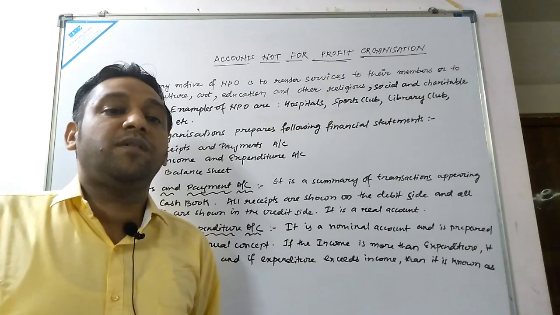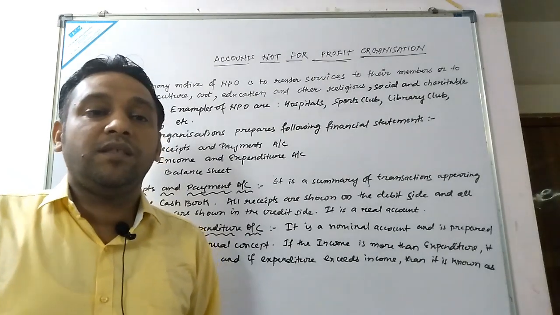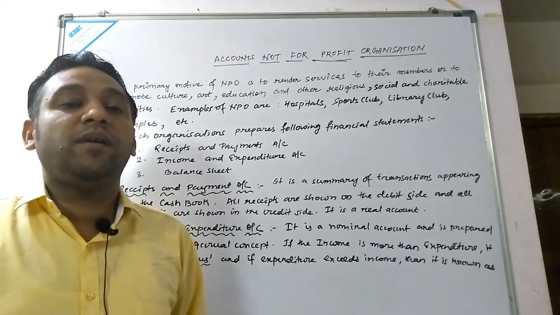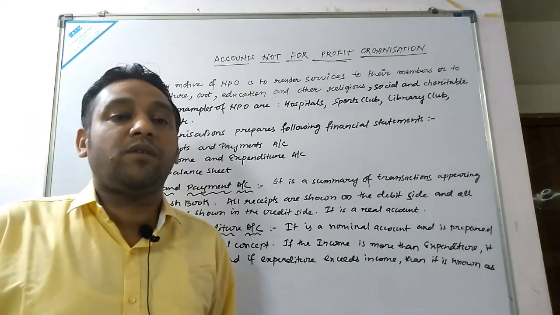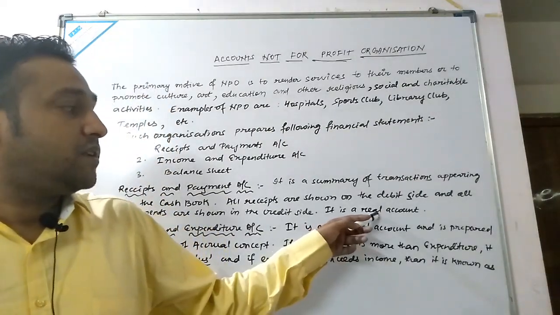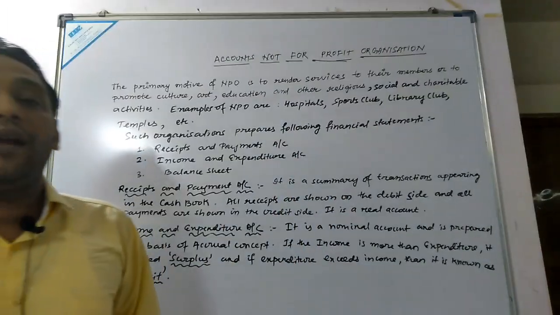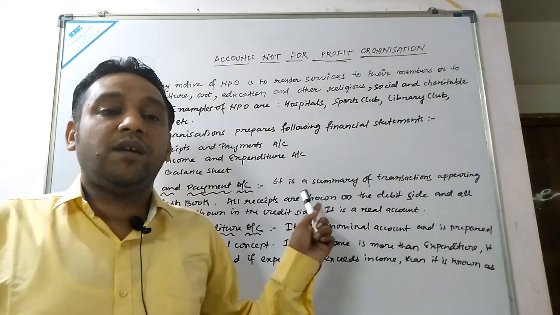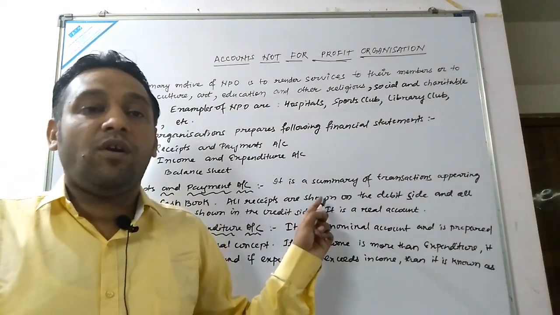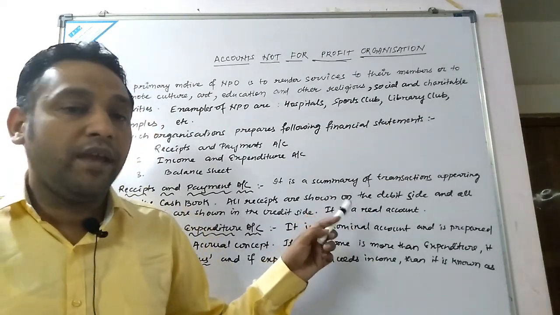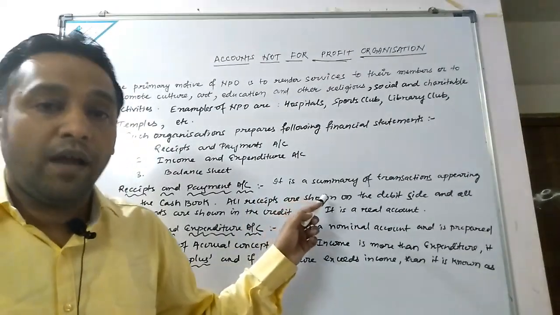Whatever cash has been received in the previous year, in the current year and in the upcoming year, all the cash would be recorded irrespective of the particular years, and it is considered a real account. And one more important thing, all items would be considered, whether they are of revenue nature or of capital nature. All of them would be recorded in the receipt and payment account.